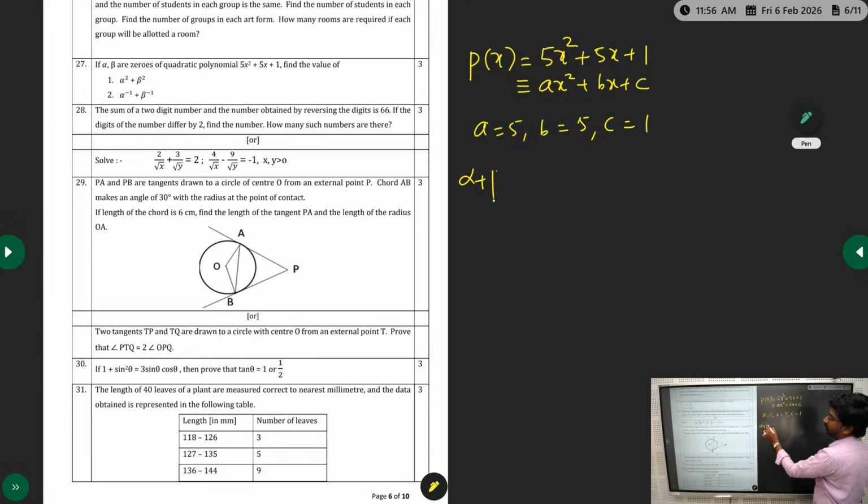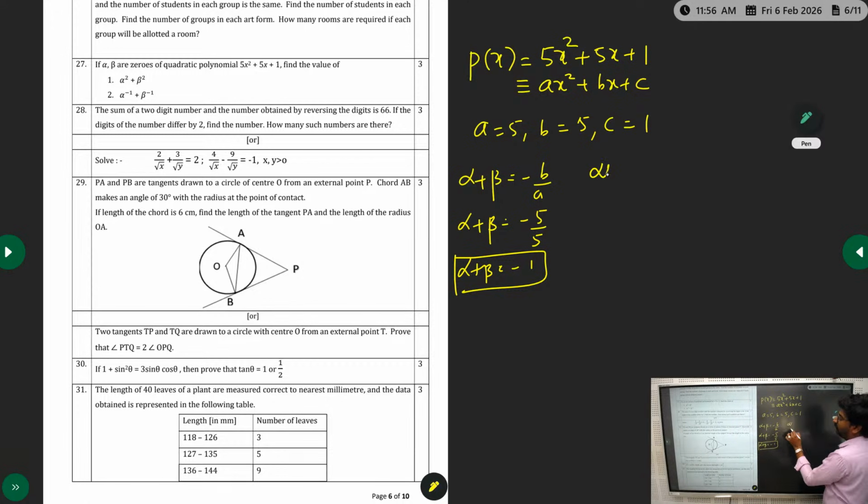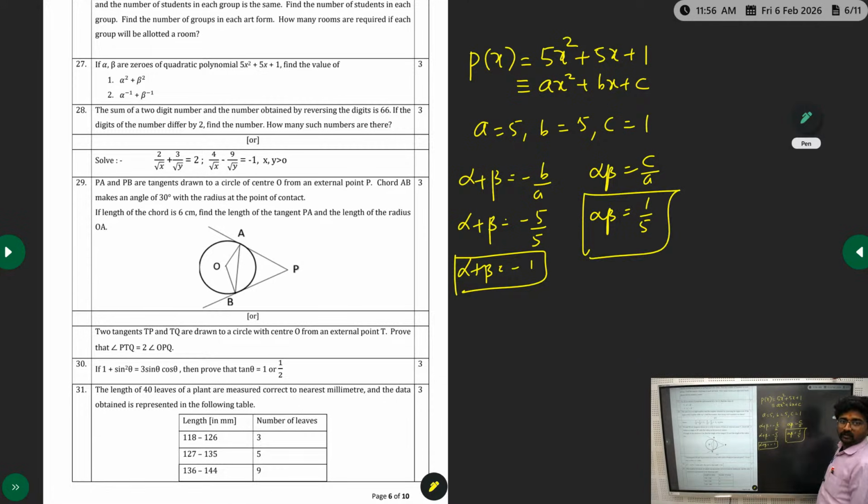Alpha plus beta is minus b by a. So alpha plus beta is minus 5 by 5, the answer is minus 1. Alpha beta is c by a, so the value will be 1 by 5. What are they asking first? Alpha square plus beta square. We have given a formula: this is nothing but alpha plus beta whole square minus 2 alpha beta.